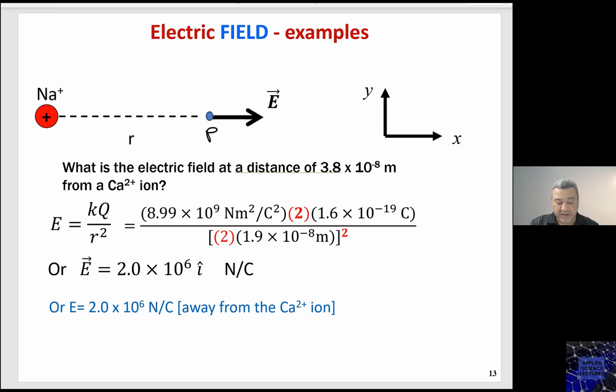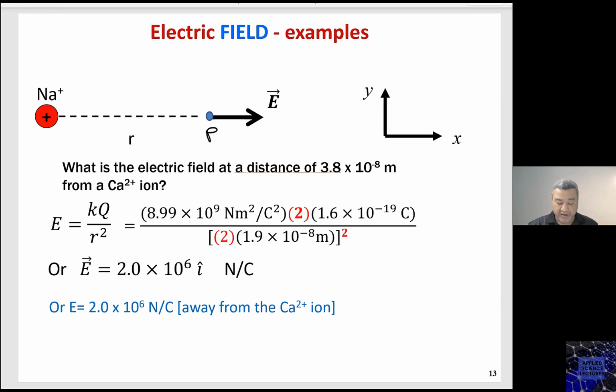Now, since this line is along the x-axis, I can calculate the magnitude of the electric field as kq over r squared.